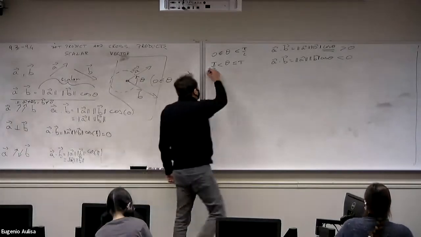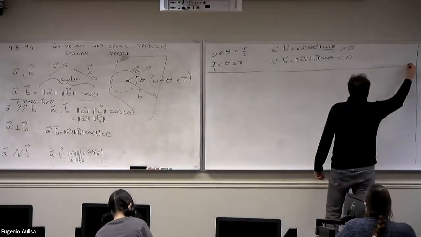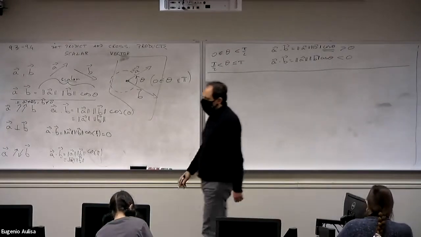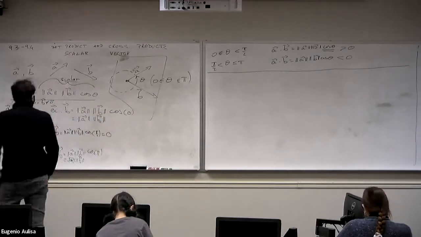Okay, so this is the geometric definition of dot product.